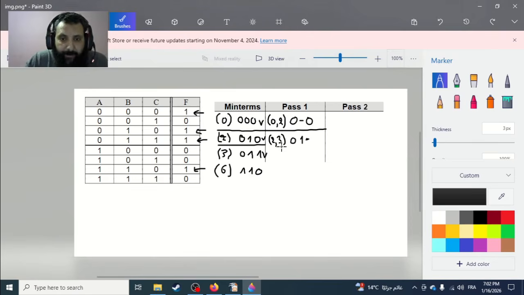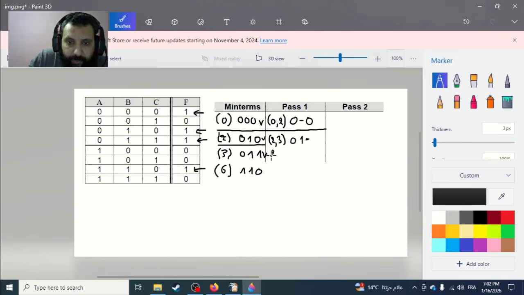V is applied for the mean terms or implicants that are aggregated in the next column. The second comparison is this one with this one. We have to do all the possible comparisons. We compare this one with this one. Is it possible to reduce here? Yes, it's possible to reduce this variable, the variable A. Okay, very good. We write 2, 6.